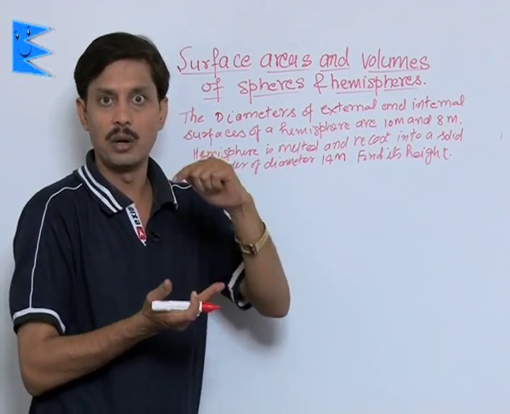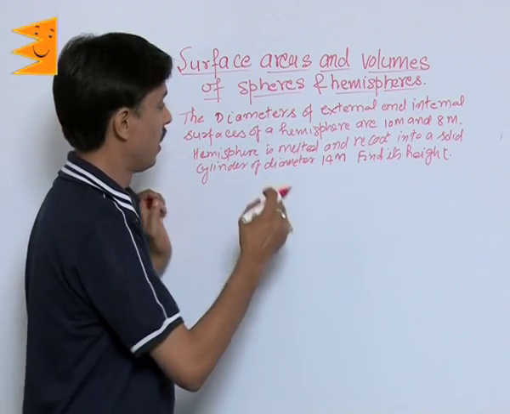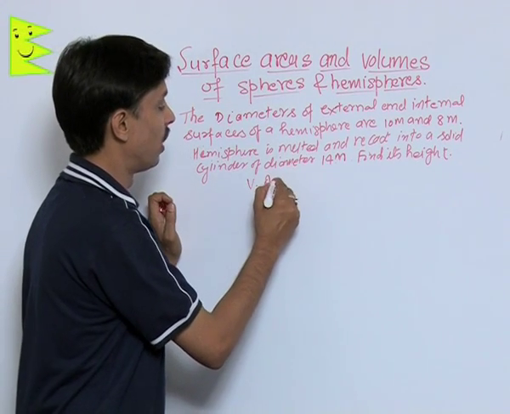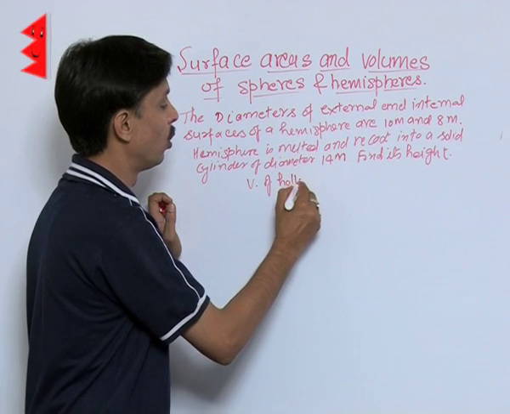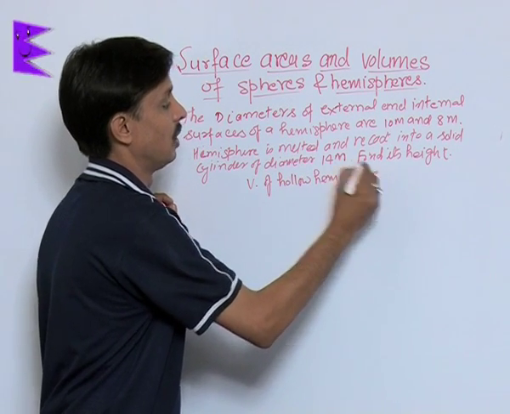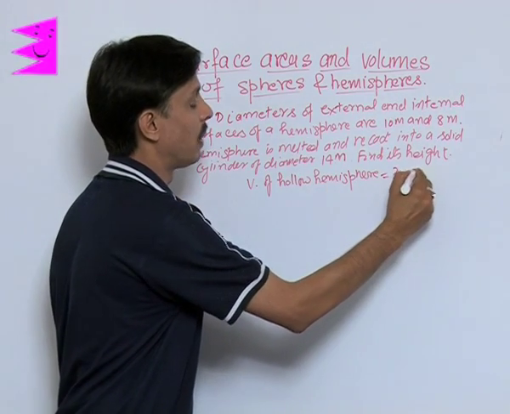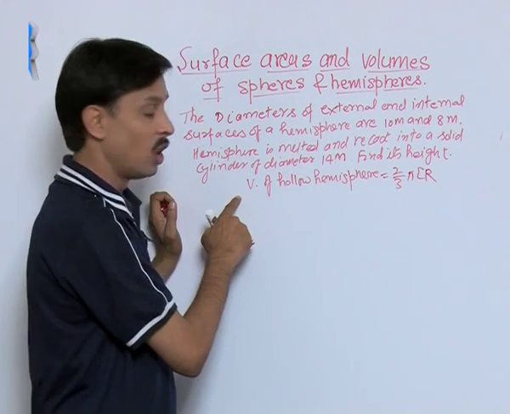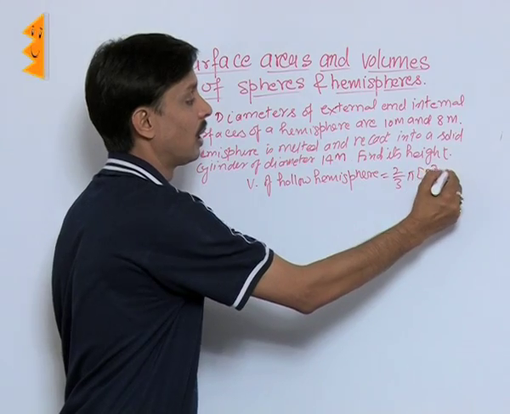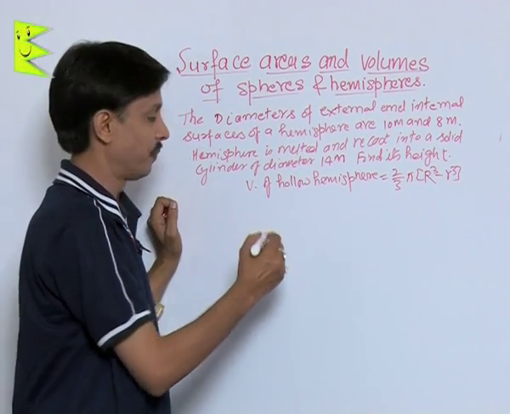The height of the solid cylinder so obtained is required. I can do one thing. We know that the volume of hollow hemisphere is 2 by 3 pi capital R cube minus small r cube.